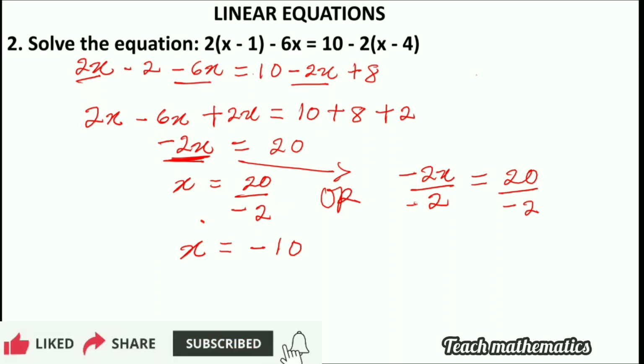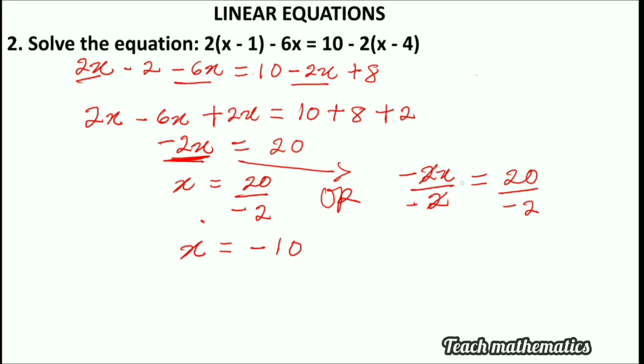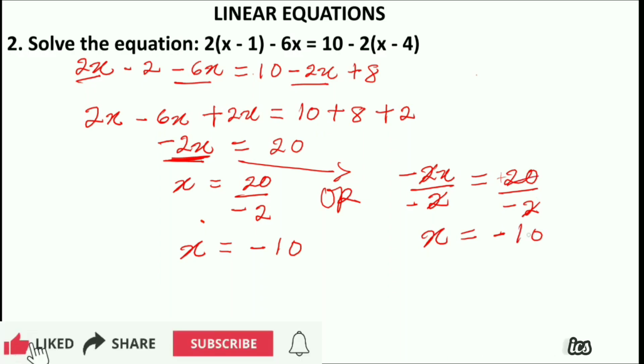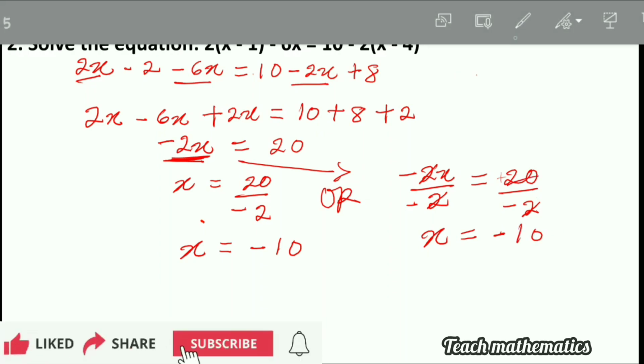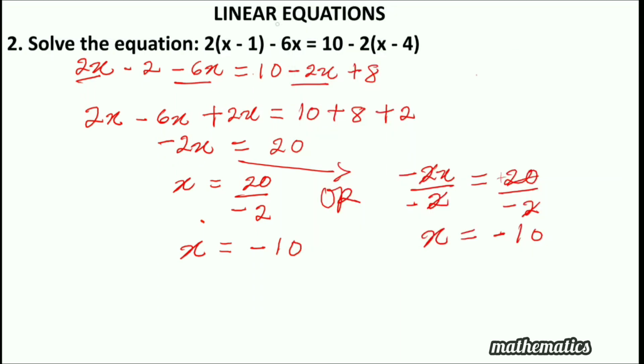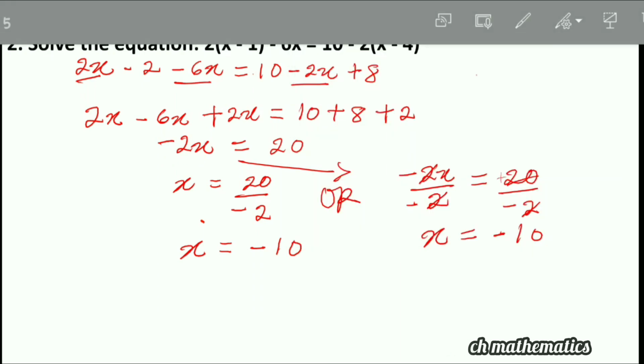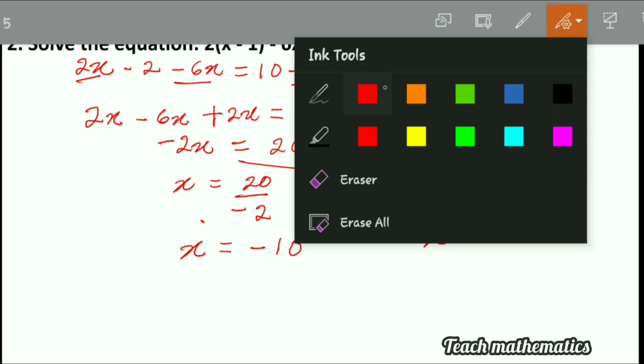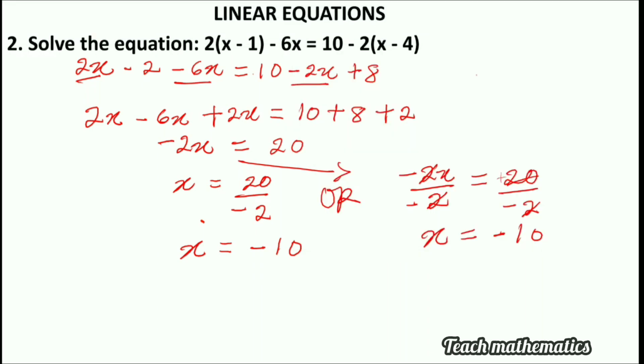So minus over minus is plus, 2 into 2 is 1, and plus over minus is minus, 2 into 20, 10. So you still get the same result. And so the answer here is x equals to minus 10.